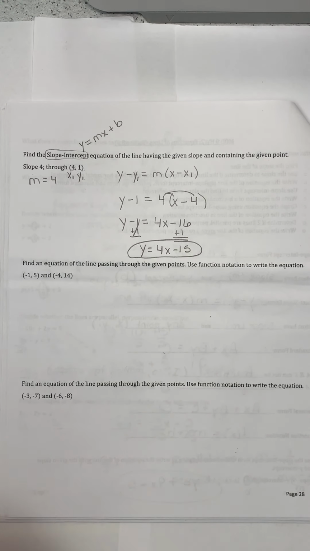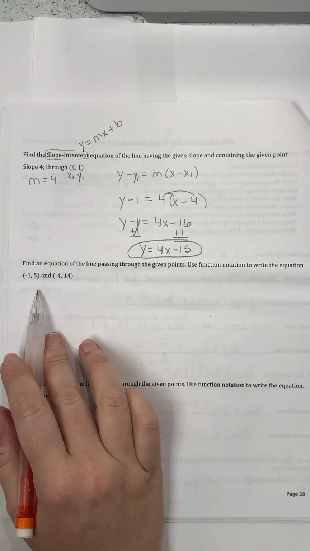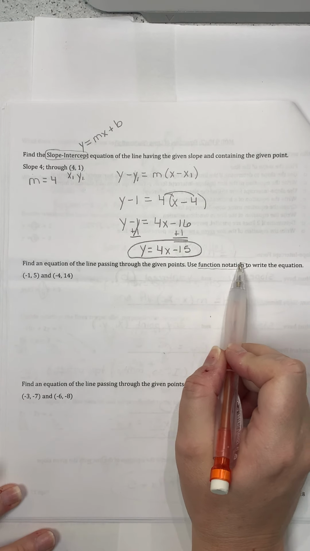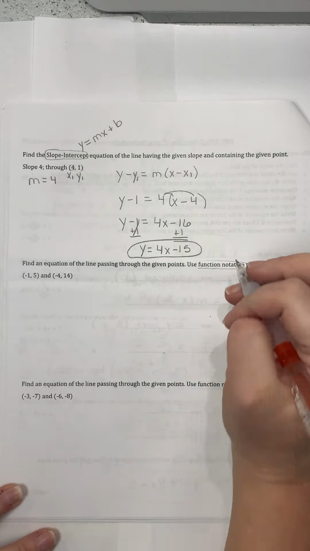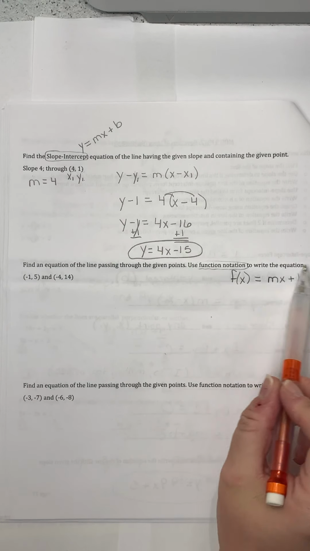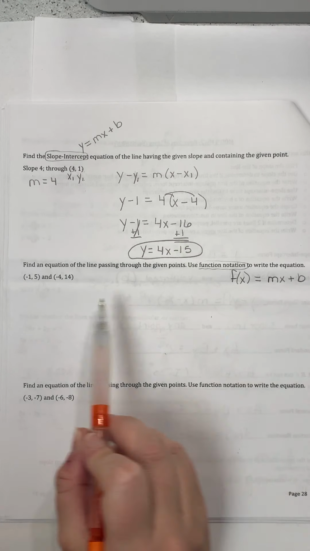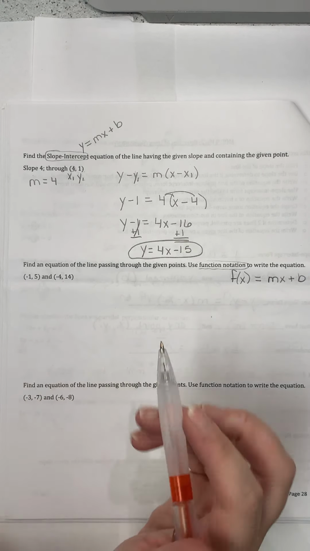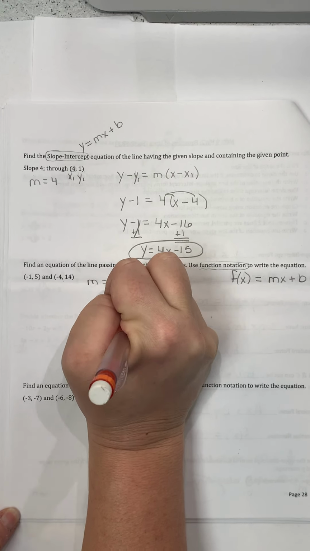It says, find an equation of the line passing through the given points. Oh my gosh. Use function notation to write the equation. Now remember, function notation is just y-intercept form, but we replace the y with f of x. Okay, well, for this form, I need a slope, which I don't have, but I do have 2 points. And if you remember the last section, I can get a slope using that.